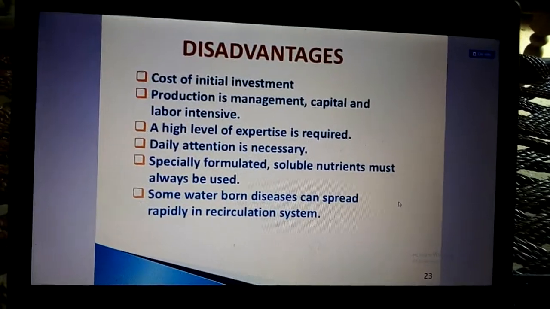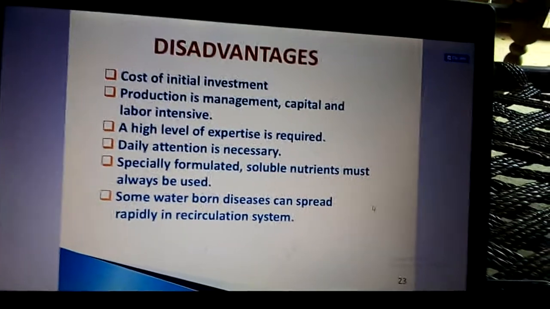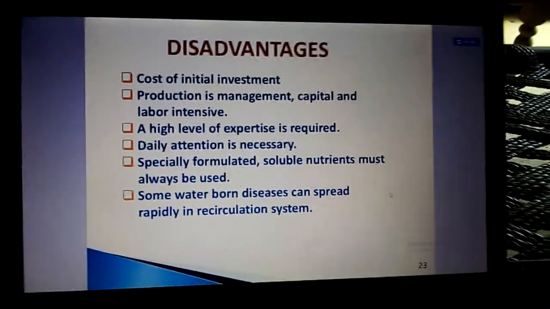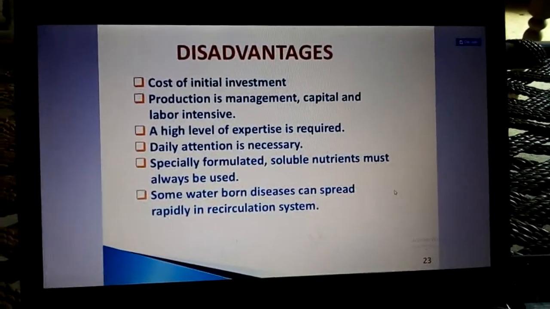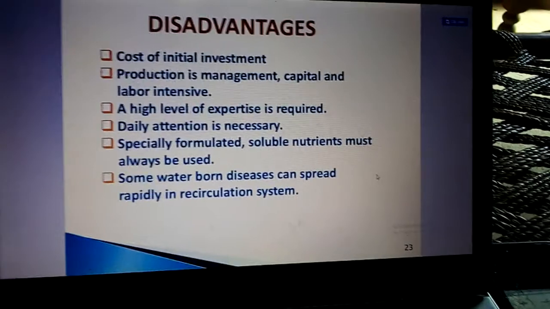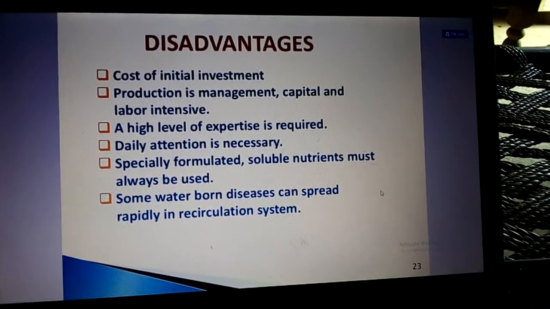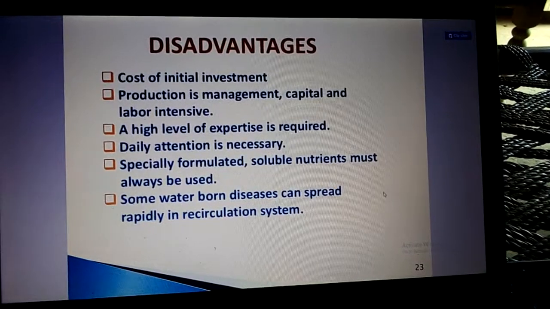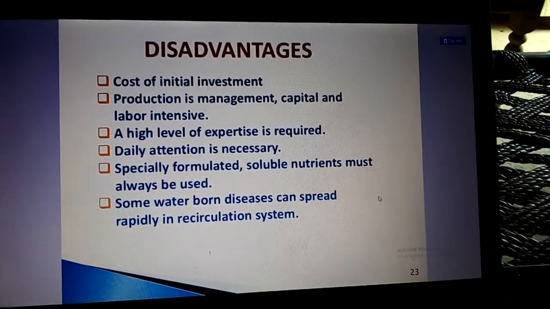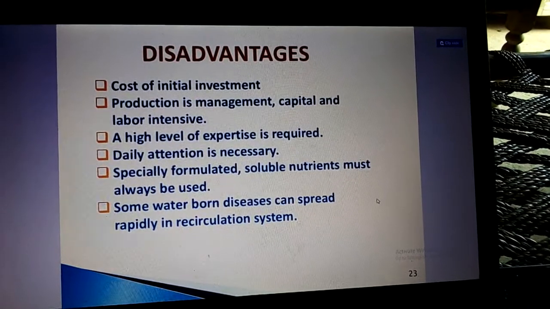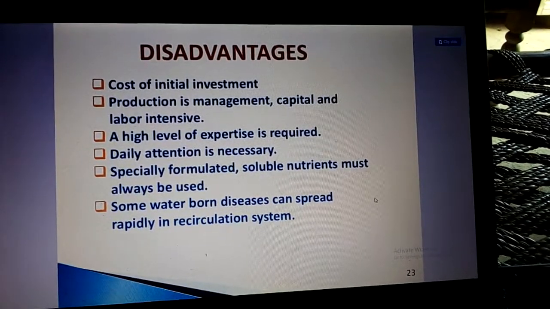But with the advantages, this system also has some disadvantages. The first is that the cost of initial investment is very high, so a poor farmer cannot afford this system. Production is management, capital and labor intensive. A high level of expertise is required.